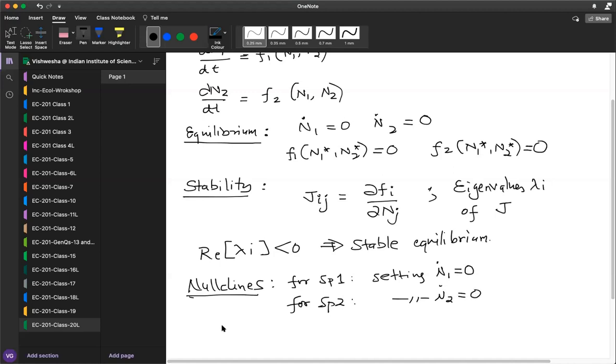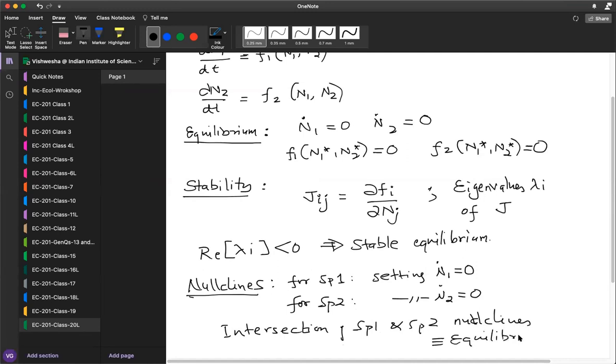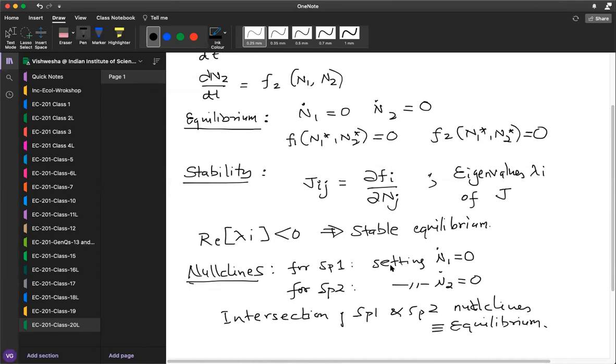The intersection of null clines will correspond to equilibrium values. And then you can look at the stability by looking at the signs of n1 dot and n2 dot around these equilibrium values, and then conclude if they're stable or unstable equilibria, and so on.